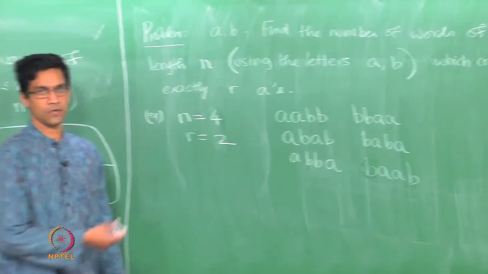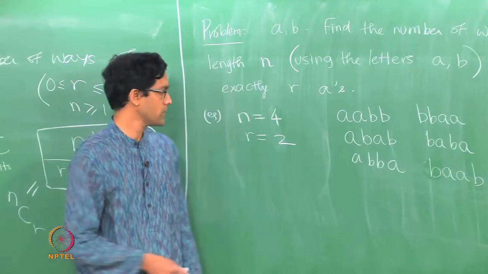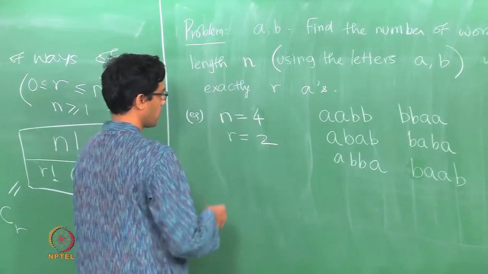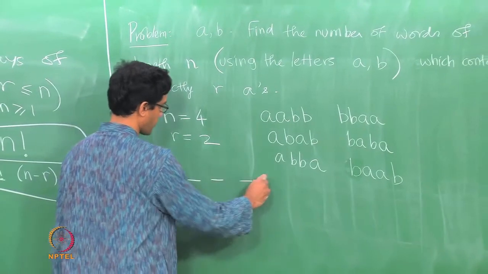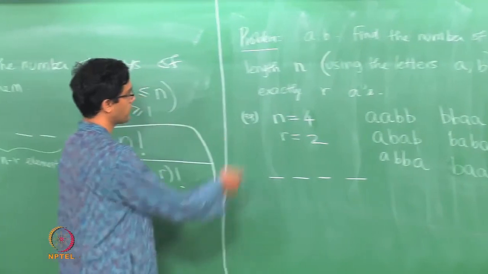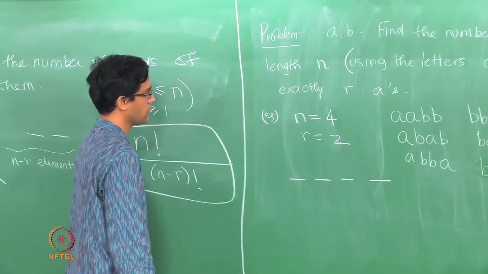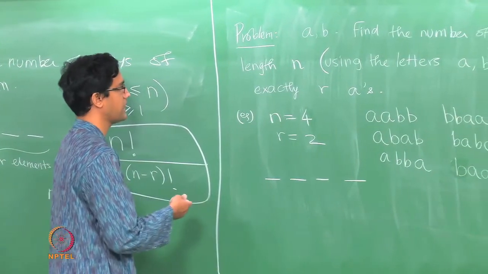Now as written, this doesn't quite seem to be related to combinations, but one can actually think of this pretty much as the following problem. Imagine you have 4 positions which are to be filled with A's and B's. What you want here is to figure out how many ways there are of filling it in with exactly 2 A's.